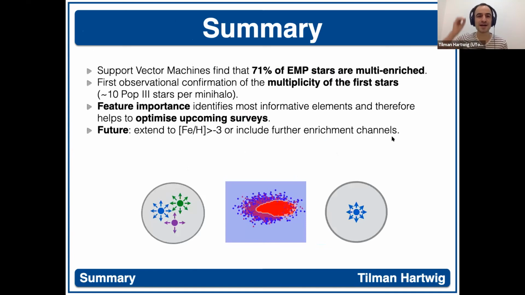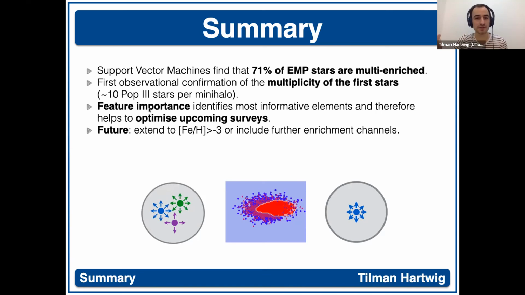So coming to my final summary slide, we have shown that we can use support vector machines to classify extremely metal-poor stars, and we find that most of them seem to be multi-enriched. And this is, at least we claim, you can dispute this, the first observational confirmation of the multiplicity of the first stars. In our fiducial model, where we need more assumptions, we find roughly 10 Pop III stars per mini halo based on these classifications.